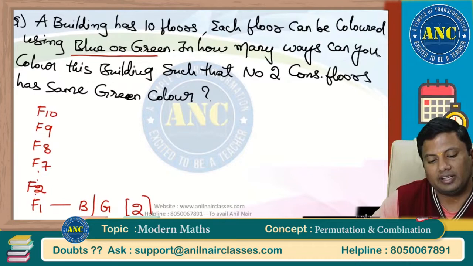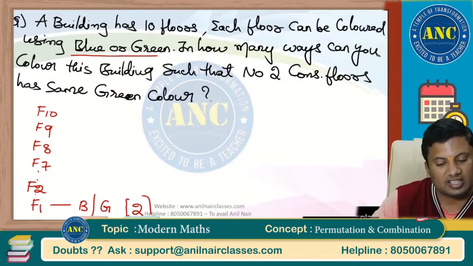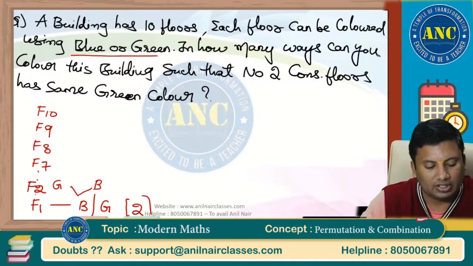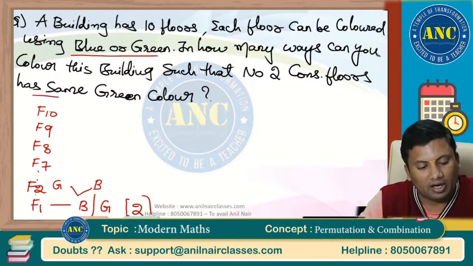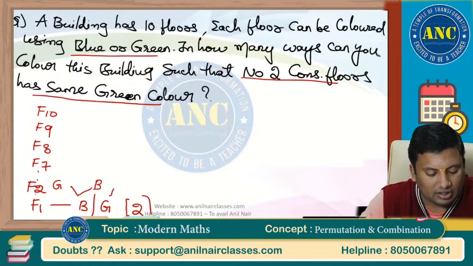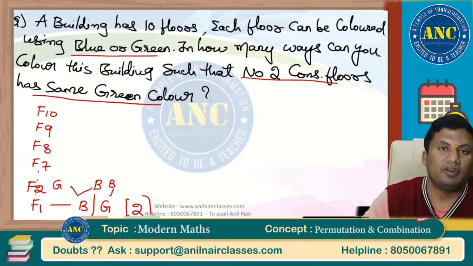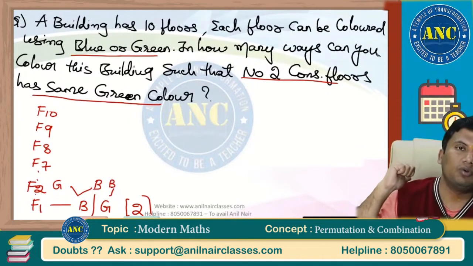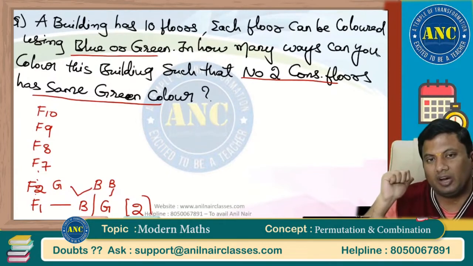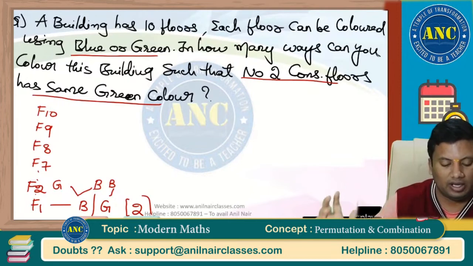In how many ways can you color the building such that no 2 consecutive floors have the same green color? Below it is blue, so I can do blue, I can do green. Right? Below it is green, it cannot have the same green color, so it will be blue. If the floor below is blue, there are 2 options, blue or green. If the floor below is green, there is only one option.